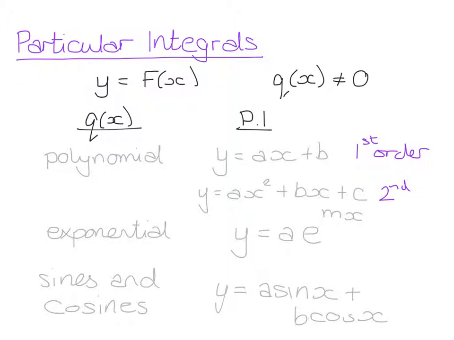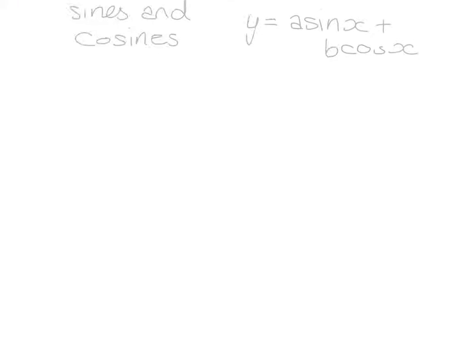In all of the above cases, we differentiate once and then twice and substitute these back into the original equation and solve so that we get values for a, b and c if applicable. In some cases, the usual function y equals f of x will not work as it is contained in the complementary function.